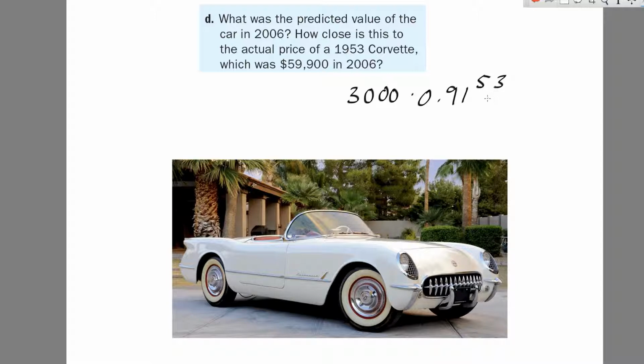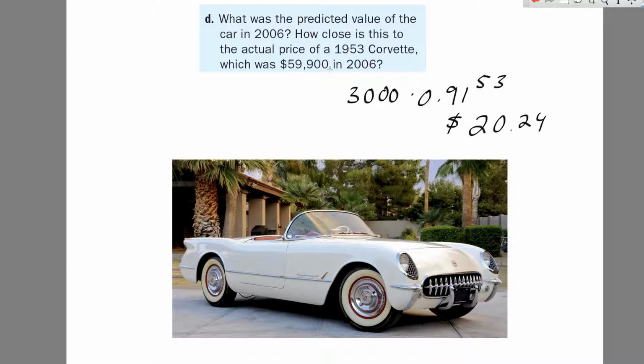That's 3,000 times 0.91 raised to the 53rd, and that gives us that it was worth about $20.24. Not very much. So this is clearly a difference in that the depreciation calculation works for a while, and at some point it begins to not work for us. So this is the car going back up in value.